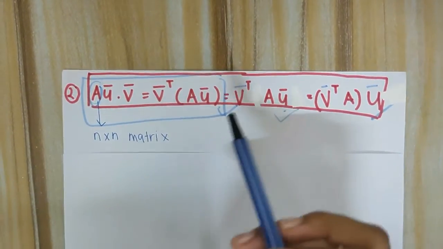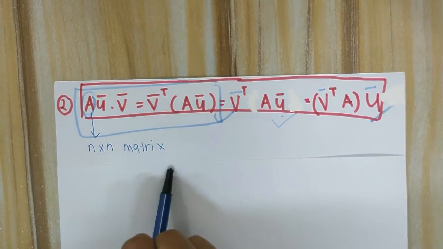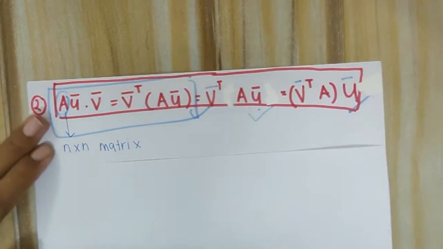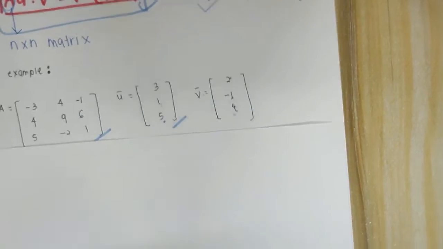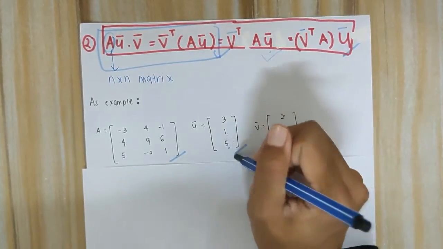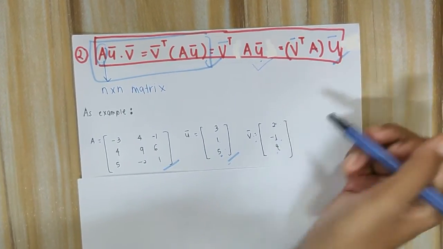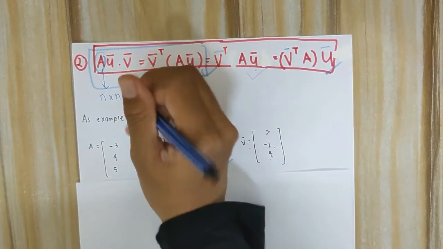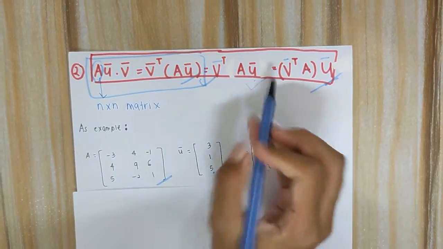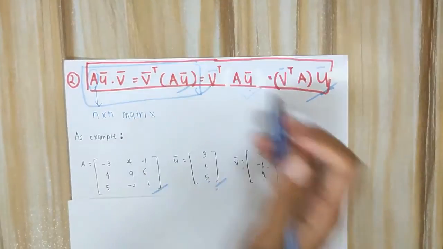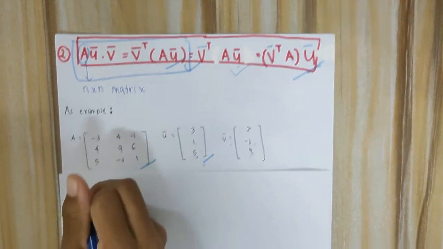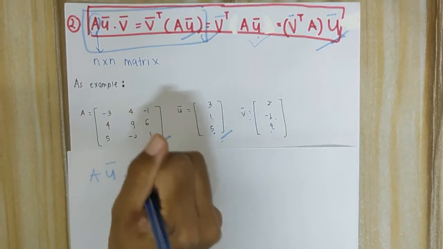Before, I did mention that A is an n by n matrix. So we do an exercise to understand more. Given that the A matrix is this, and U bar is 3, 1, 5 and V bar is 2, negative 1, 4. So we will do this, and this. First we need to do the A U bar dot V bar.